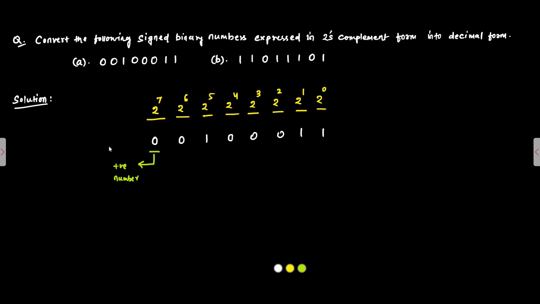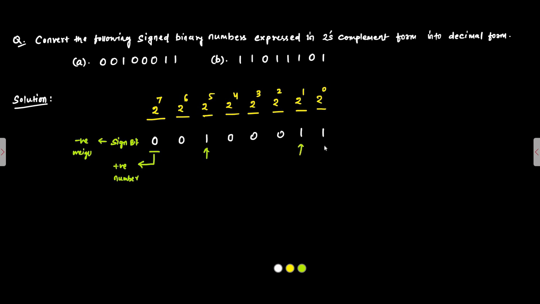Here also, similar to 1's complement, the MSB or the sign bit is associated with a negative weight, which is minus 2 to the power 7. But here it is 0, so it will not play any role.